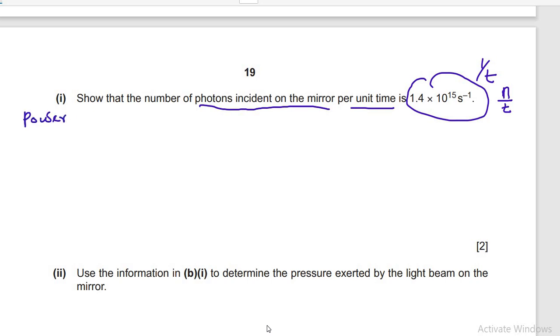Remember that power is energy over time. So energy is power times time. Energy over power is equal to time.